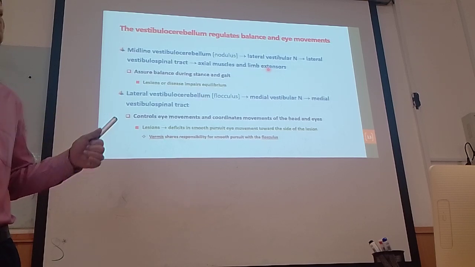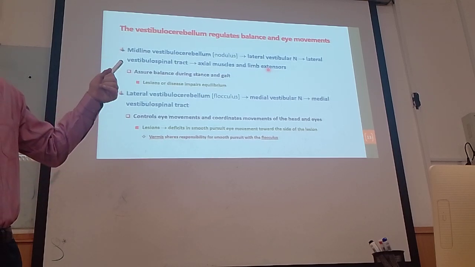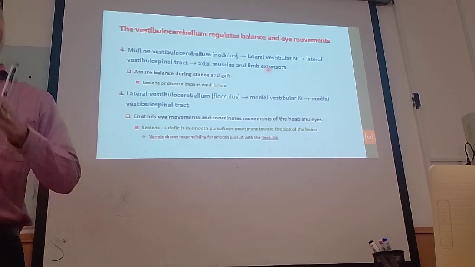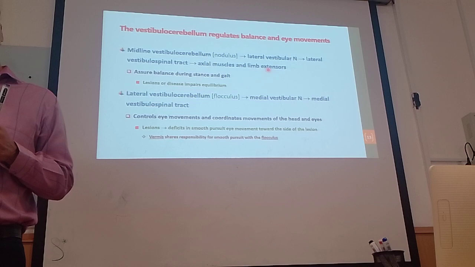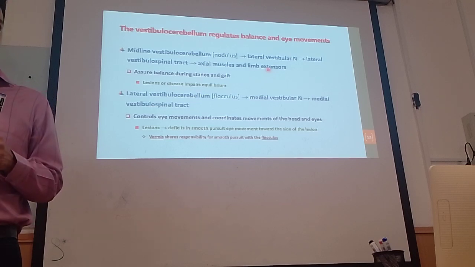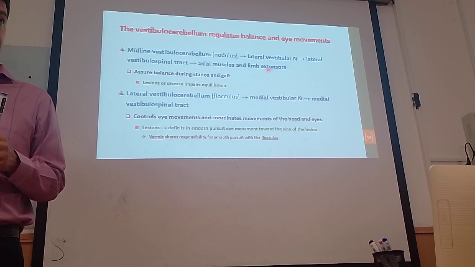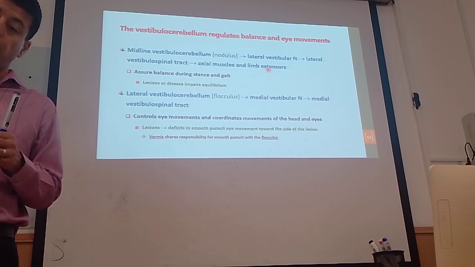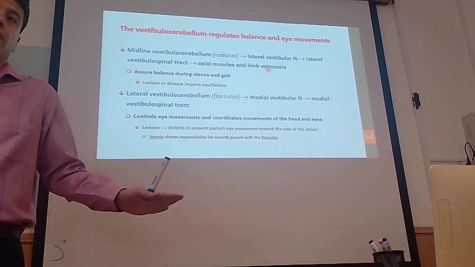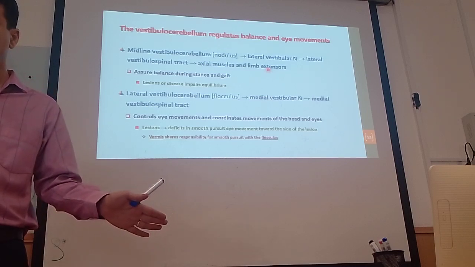Which area? Nodulus, flocculus, right? The balance is directly controlled by the vestibular system. You know this. Vestibular apparatus, vestibular nucleus, vestibulospinal tract are involved in keeping the balance, right?